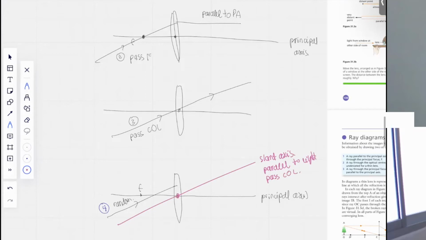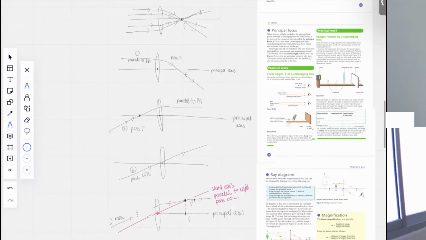Then you call it the slant axis. Then you draw point F prime. What is F prime? F prime is above or below F, but must be on the slant axis. Then the next step is easy. Pass to F prime. Okay.